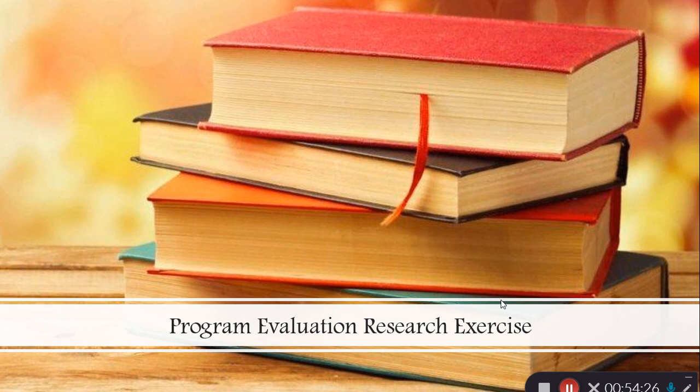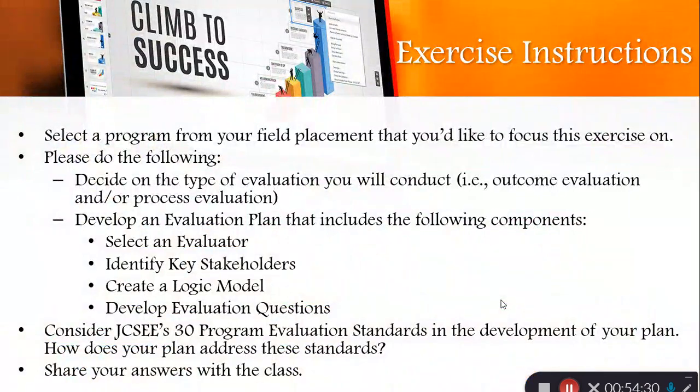In terms of the exercise for this lecture, you will select a program from your field placement that you'd like to focus on. Then you will decide on the type of evaluation that you will conduct, whether an outcome or process evaluation.